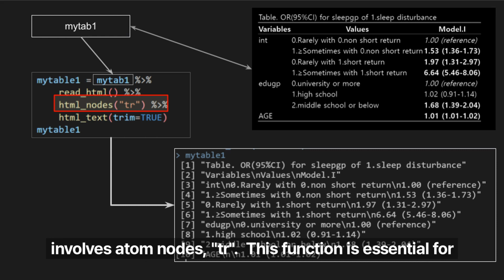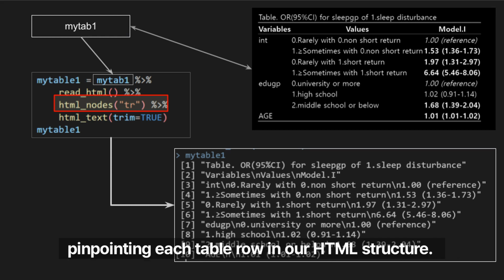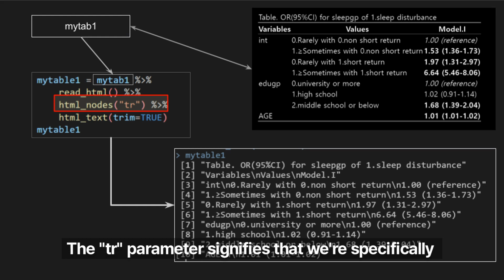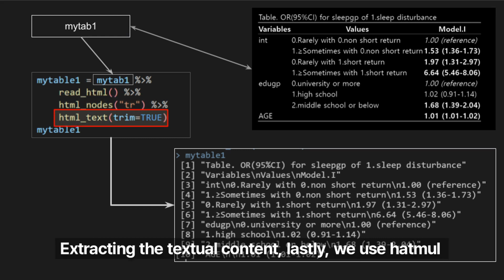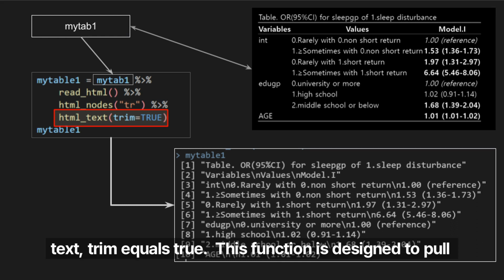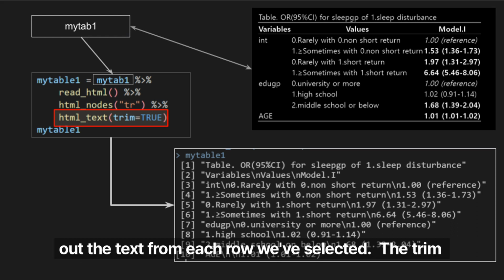Selecting rows from the HTML table: the next step involves html_nodes with "tr". This function is essential for pinpointing each table row in our HTML structure. The tr parameter signifies that we're specifically interested in the row elements of the table. Extracting the textual content: lastly, we use html_text, trim equals TRUE. This function is designed to pull out the text from each row we've selected.